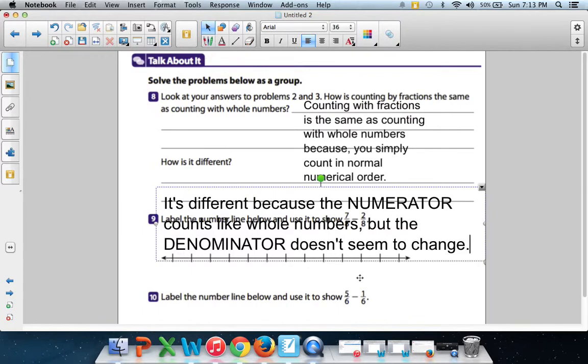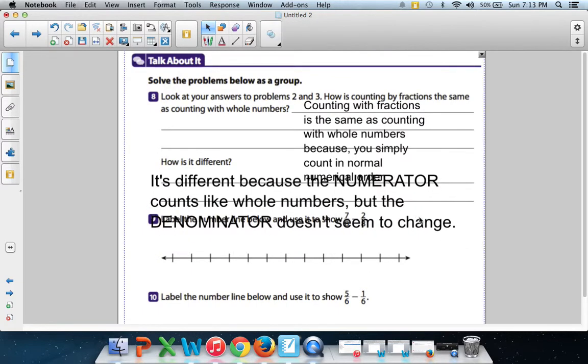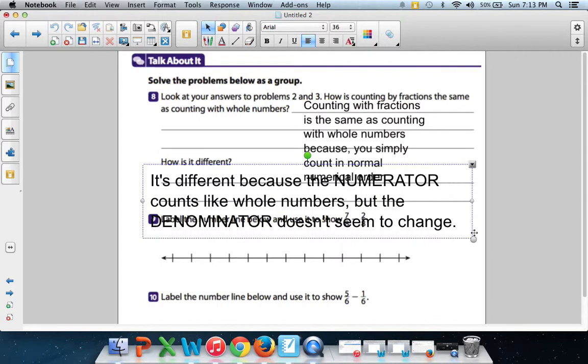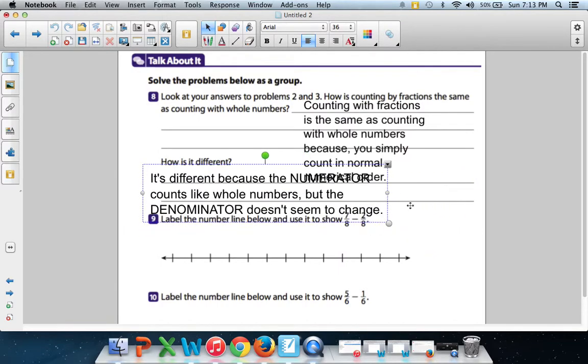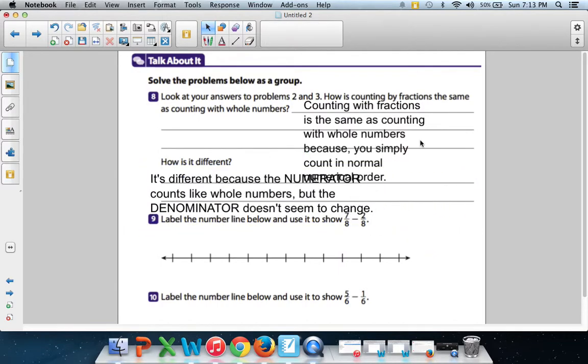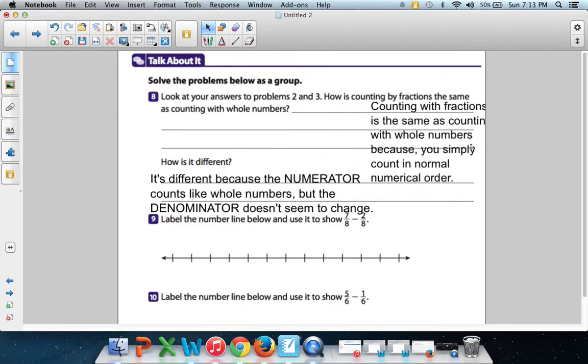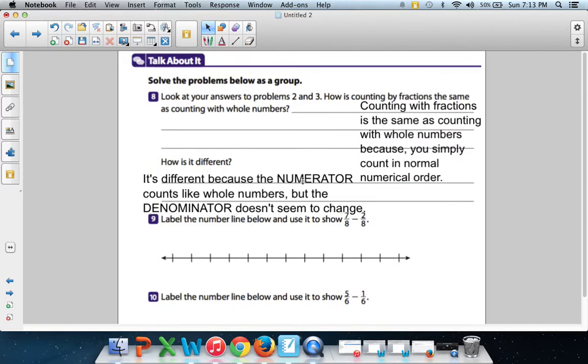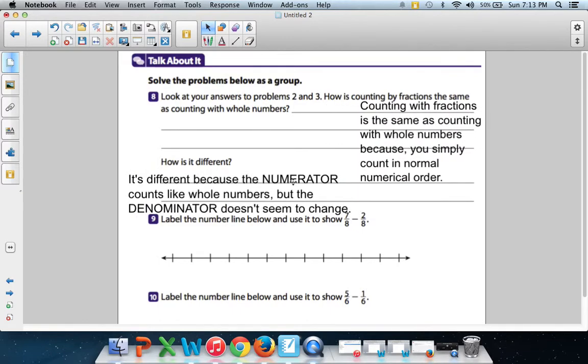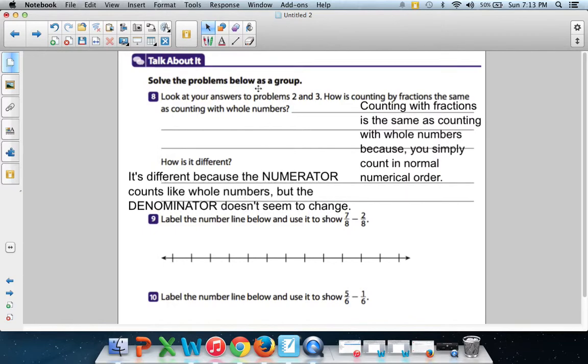The denominator, the number on bottom, is not really doing much of anything. Meanwhile, the numerator, the number on top, is the number that is actually changing. Hopefully you can see both answers.